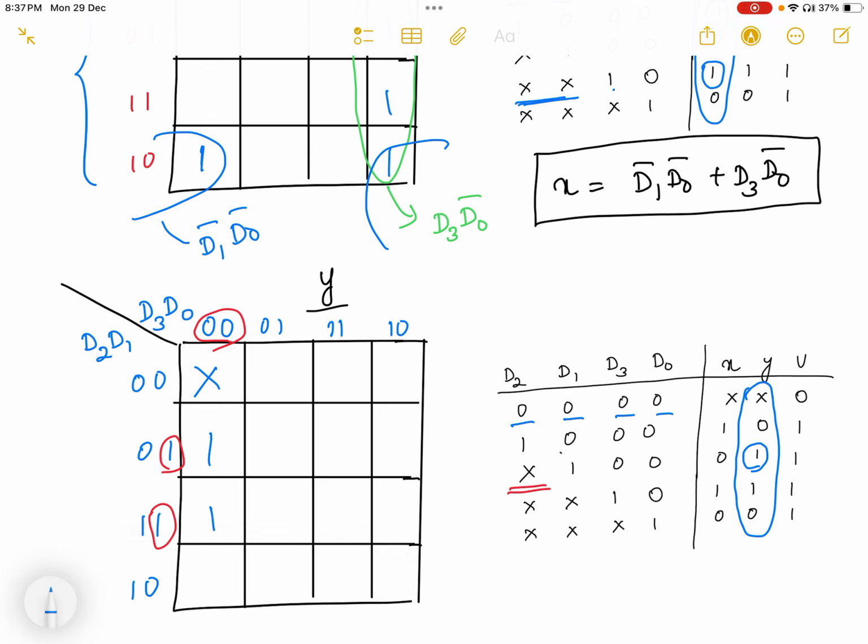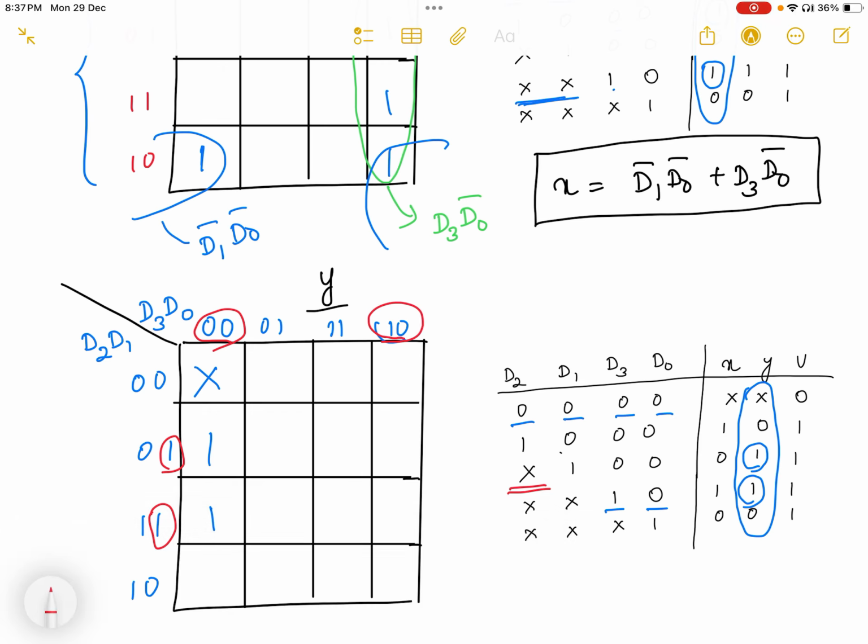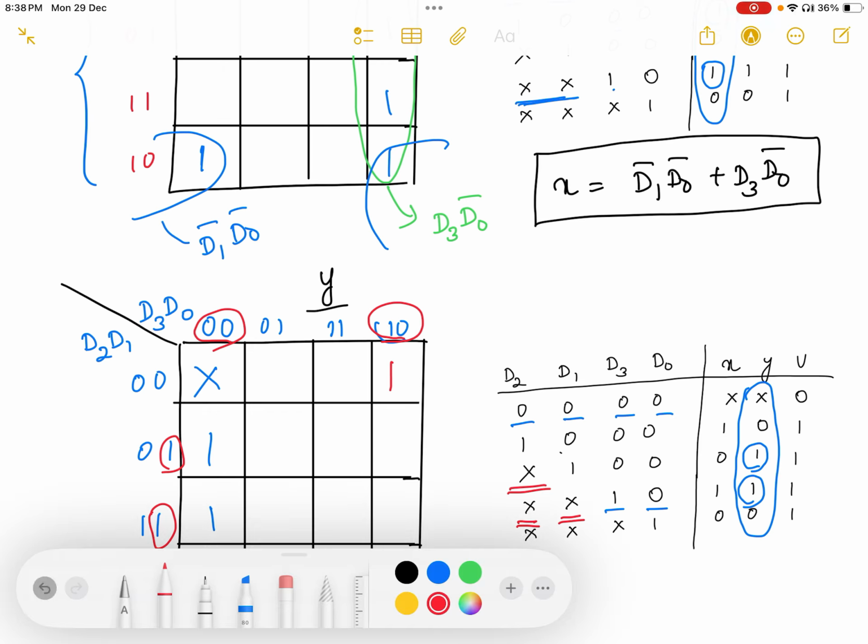Then here also I'm getting 1. For that case, D3 equal to 1, D0 equal to 0, and D2 and D1 can be anything. So here I am getting 1.